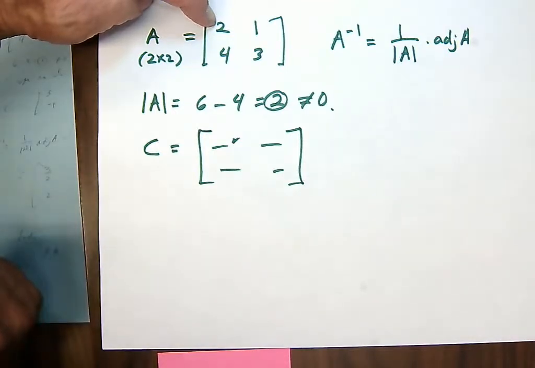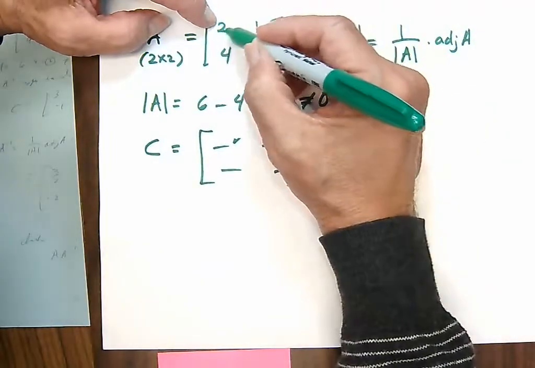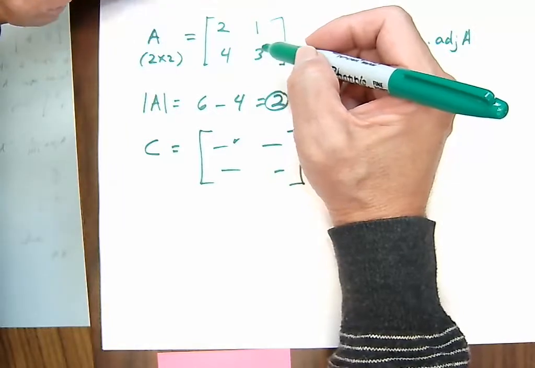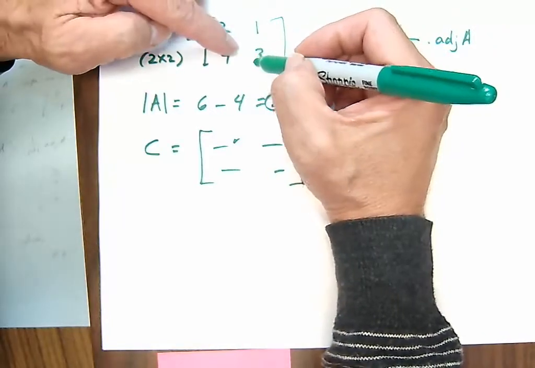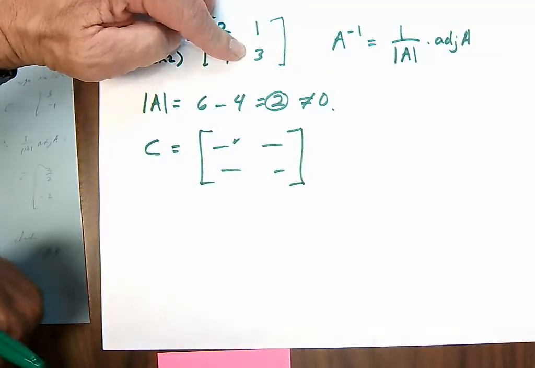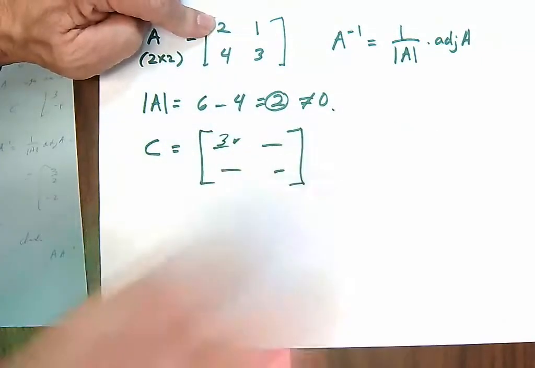To find the minor of this element, we look at the subdeterminant of A, formed after deleting the row and column containing that element. So the subdeterminant of A we're left with is the determinant of 3, and the determinant of a scalar or the determinant of a number is just the number itself. So it's the number 3 is the minor of element A11.